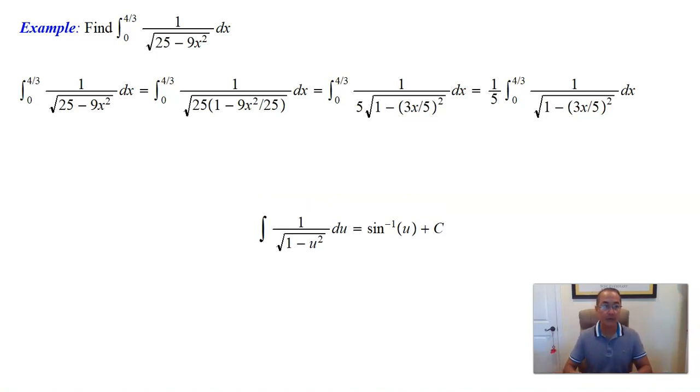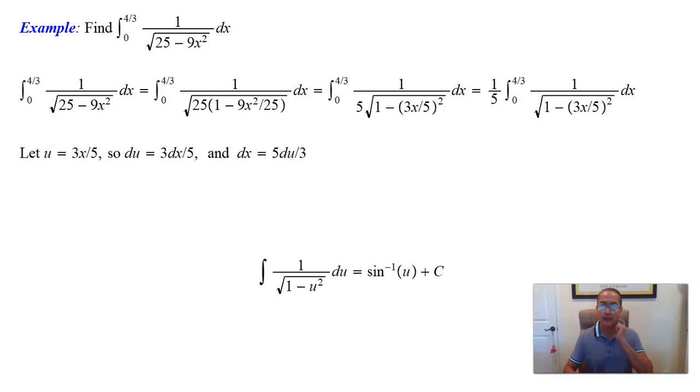We are ready now to make u equal 3x over 5. So du is 3 over 5 dx, if you like 3 dx over 5. And once again, solving for dx, dx will be 5 du over 3.